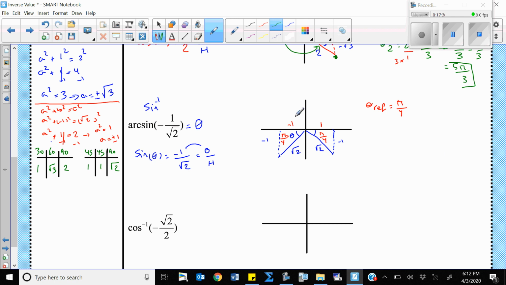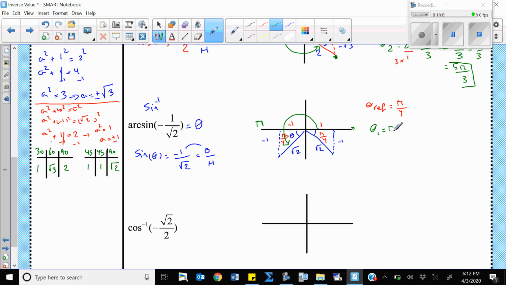Now I need to look for my original angles, the original answers actually. So I start from the positive side of the x-axis, from the 0 point, and then I continue moving in the positive direction, and I stop here. How far did I go? I need to find the measure of this angle. Theta 1 will be equal to, if I start from here to this point, I have gone pi in the positive direction, and then I need to go pi over 4 more to reach this point.